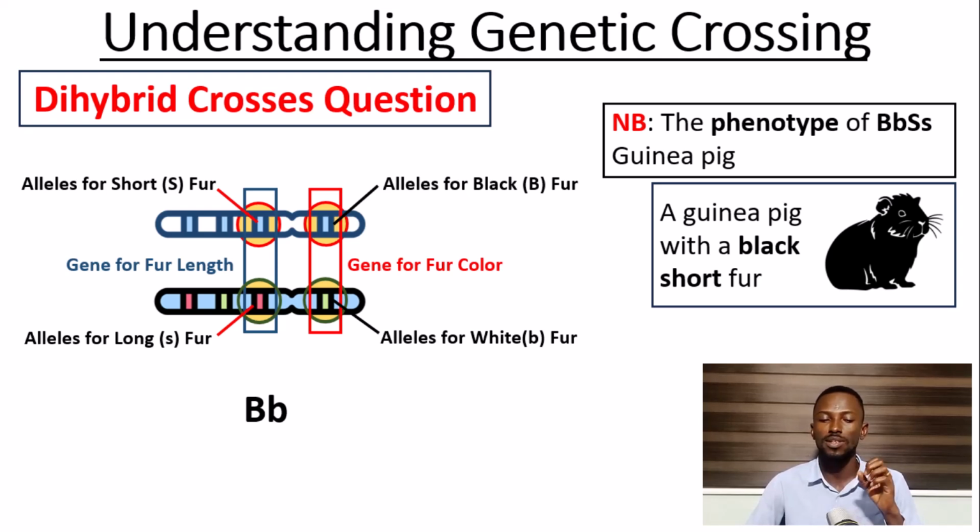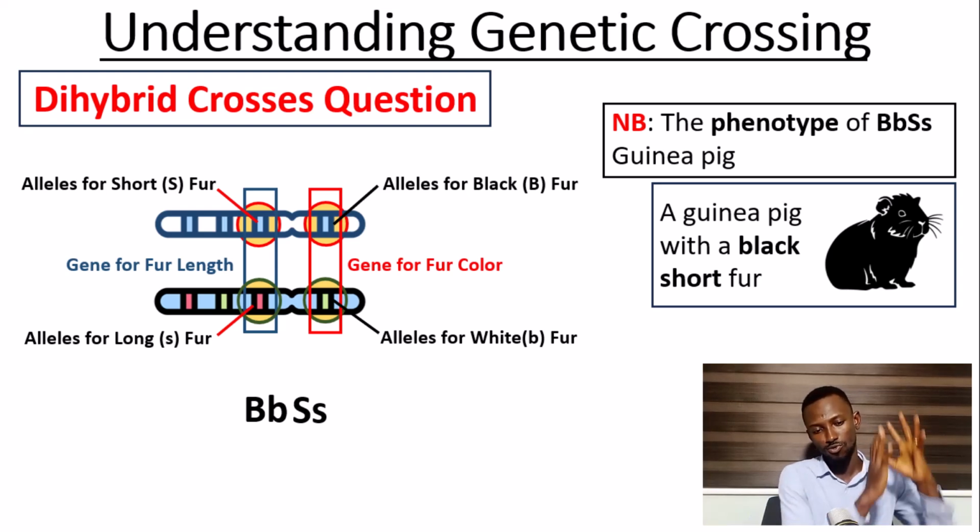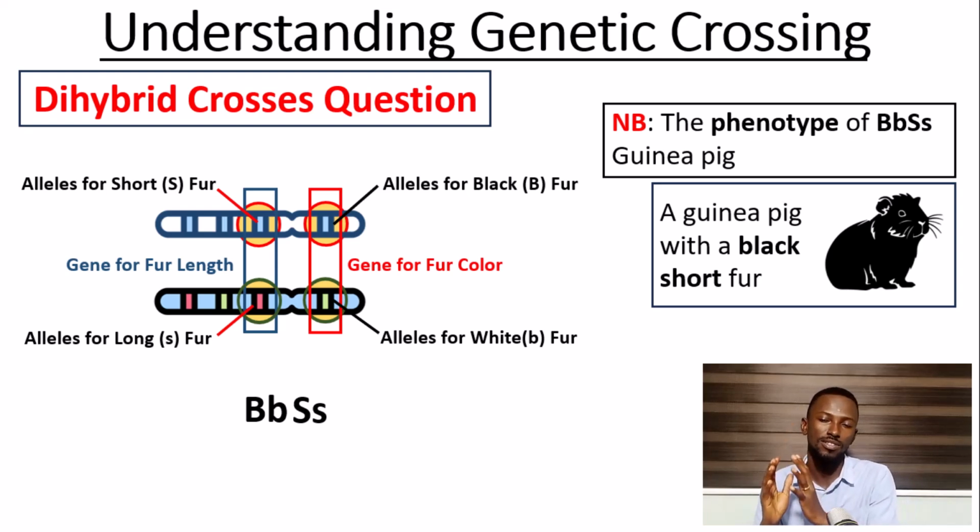So the genotype for length of fur is capital S, small s. The capital B, small b controls the color of the fur, and the capital S, small s controls the length of the fur. So they are independent, they are on their own. So that is what it is.